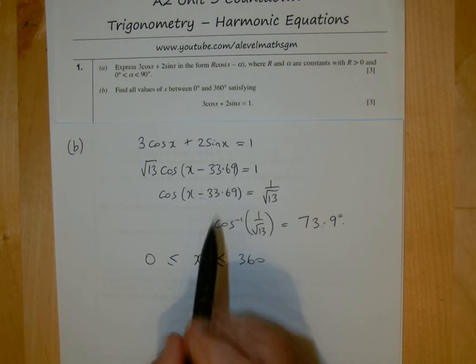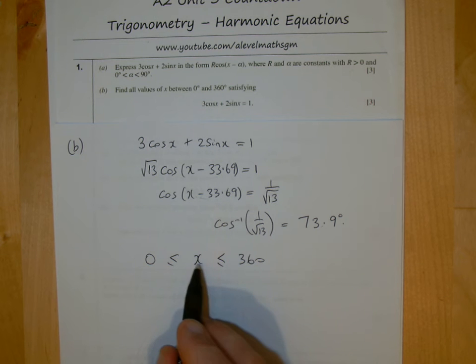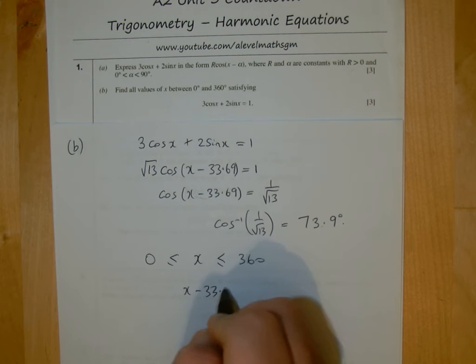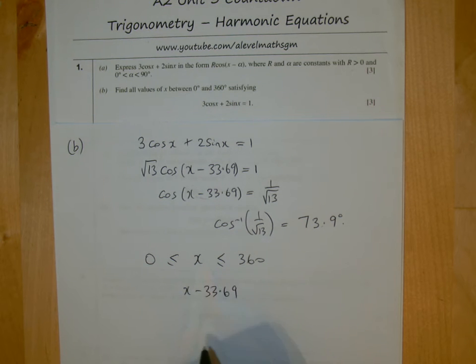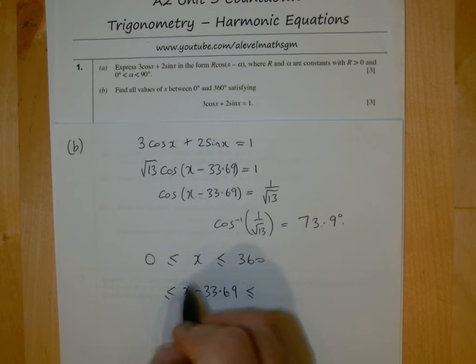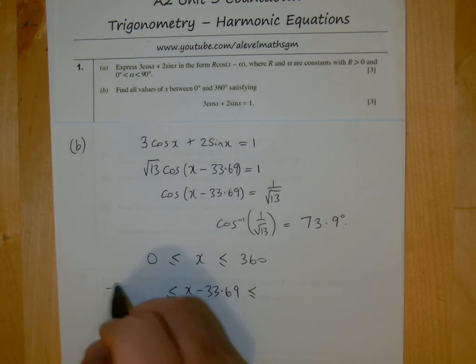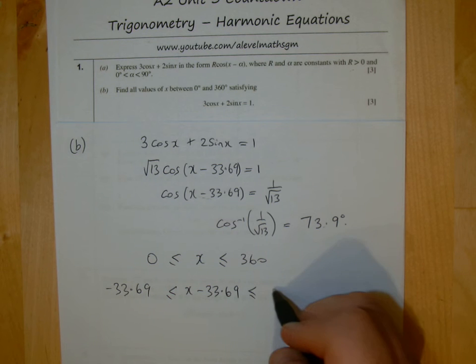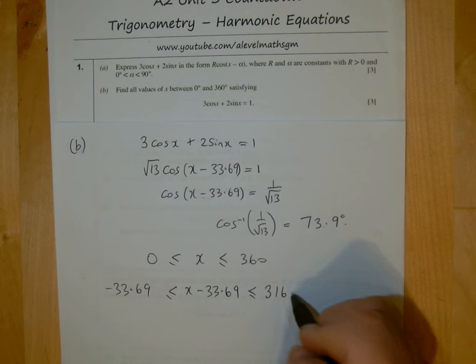So I need to take away 33.69 from x, and so I need to do the same to my range. If I take away 33.69, I get minus 33.69 there, and from 360 I get 316.31.